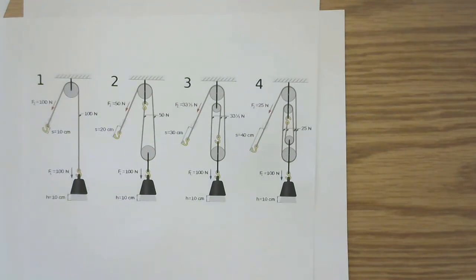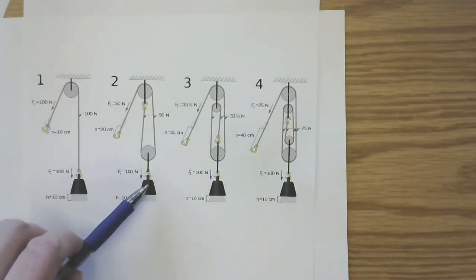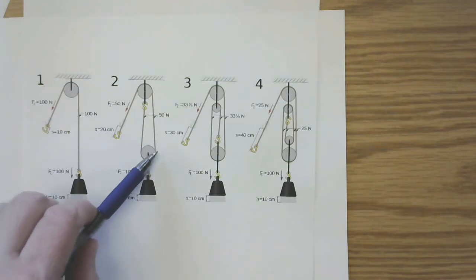But pulleys are sneaky, and you can add more pulleys. And what you can do is you can add pulleys and make that travel distance of the rope longer. And in the two pulley setup here, you'll notice you do not have the rope connected to the weight anymore. You have a pulley connected to the weight. And then on the pulley are two ropes.